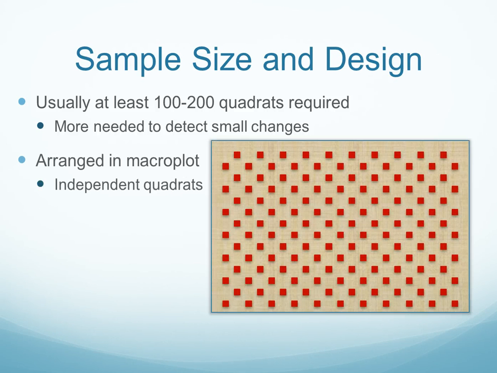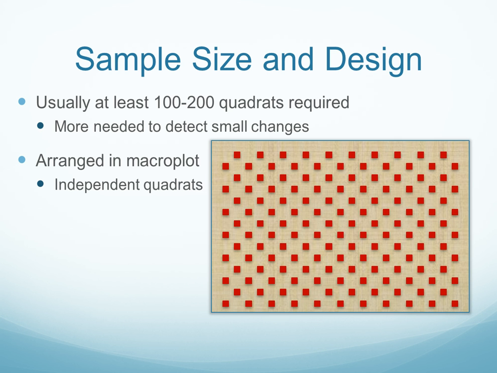Usually, for frequency measurements, the individual quadrats are arranged in a macro plot area, such as the one that you see here, and usually they're arranged systematically. In this case, we would consider each individual quadrat as an individual sampling unit.